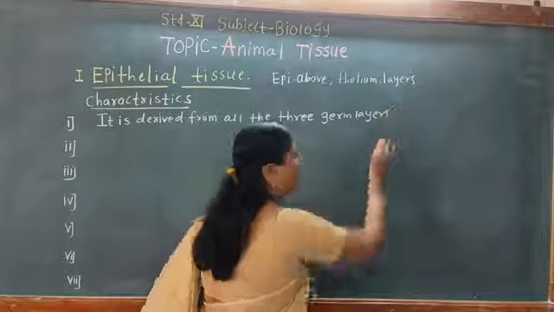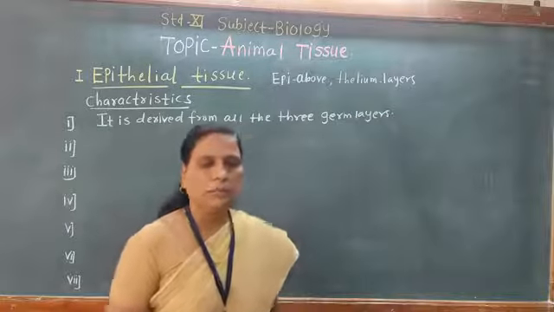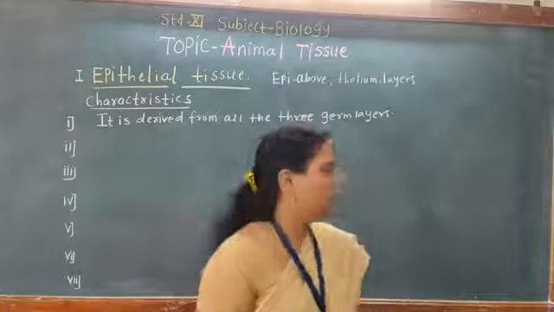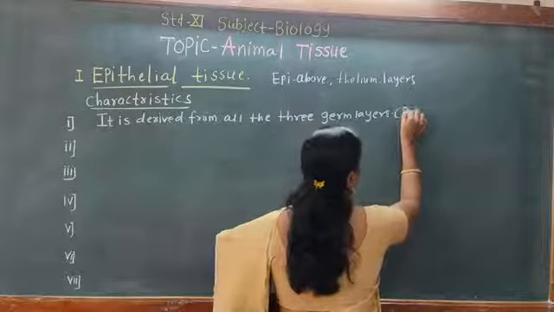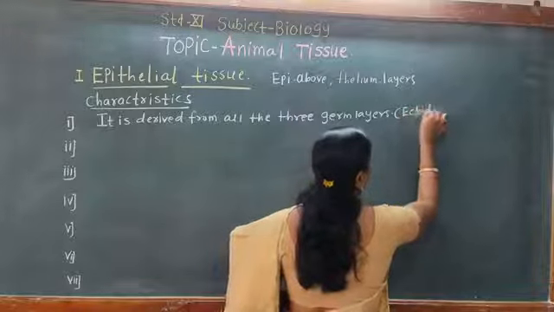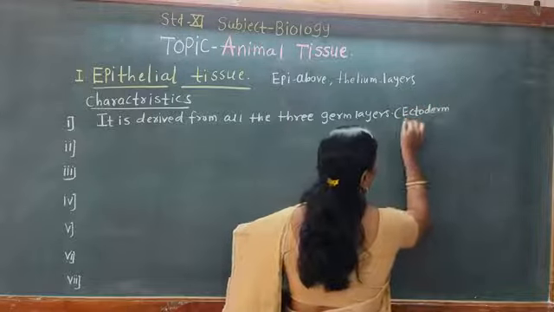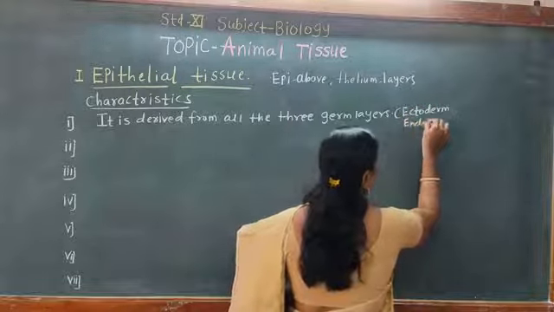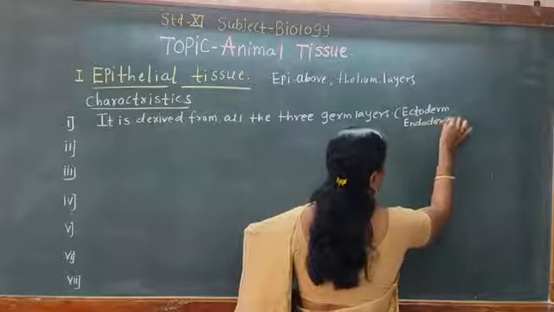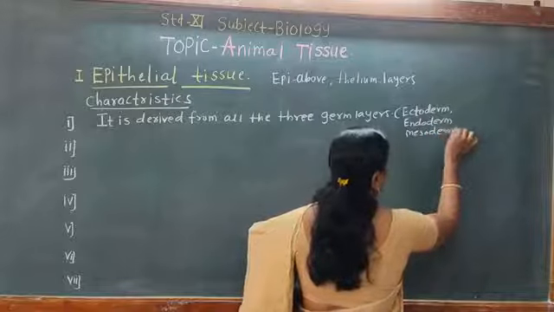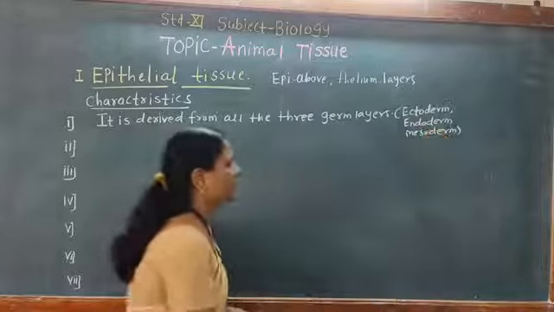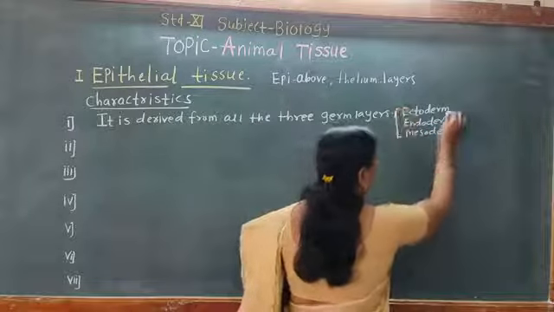The ectoderm, mesoderm and endoderm. So this is the first characteristic, all these three germ layers.